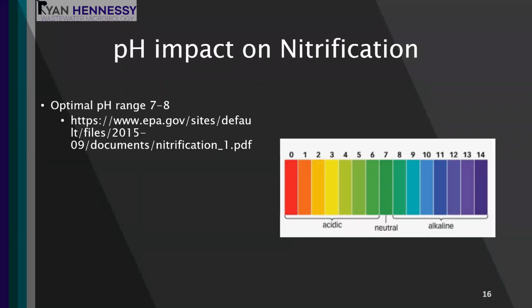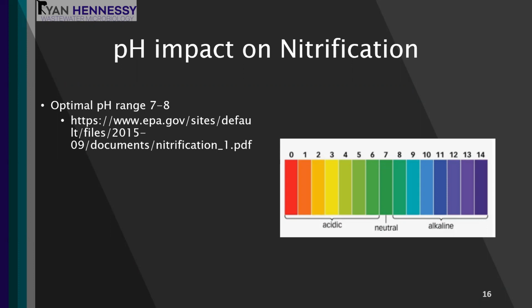pH impact: the optimal range is between 7 and 8. The bacteria tend to like a little bit on the higher end, closer to 8. As a general rule, when the pH gets below 7, nitrification as well as floc formation tends to suffer.